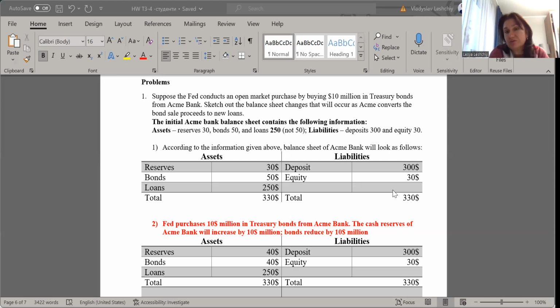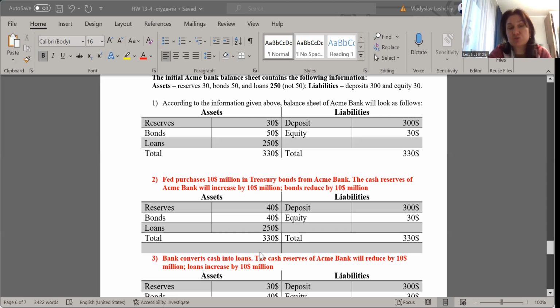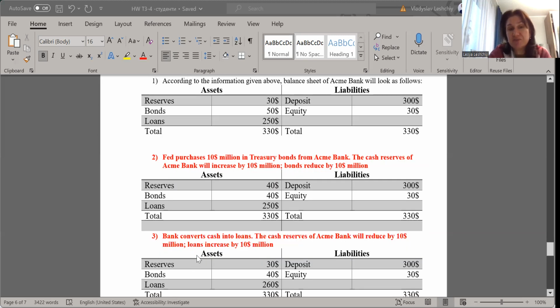And so if we put together all assets and all liabilities, we see that total assets are equal to total liabilities, and here it's 330. And then in transaction 2 and transaction 3, some changes were made. In transaction 2, it leads to increasing in reserves, but decreasing in bonds.